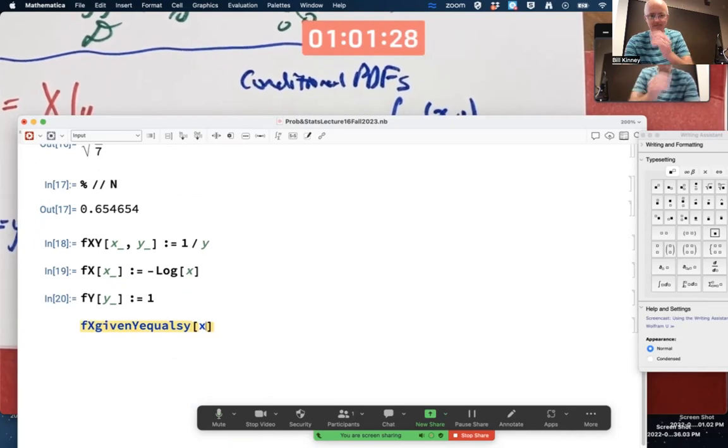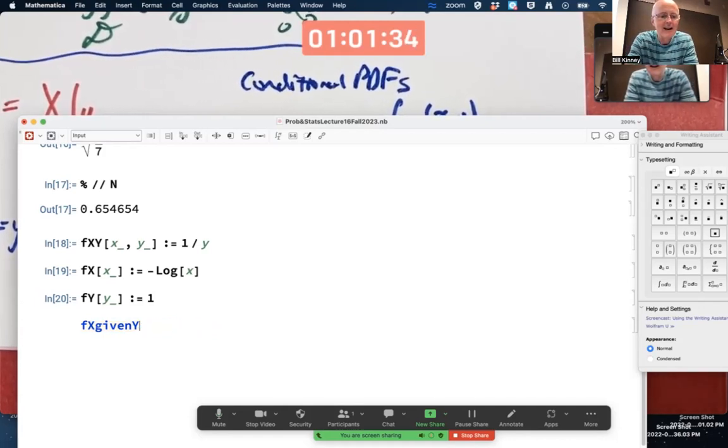how should I type this in? I'll just say given y, make a subscript here, of x. Can I do that? Yeah, you can. It's the joint PDF divided by the marginal PDF of y, which is the constant function 1.